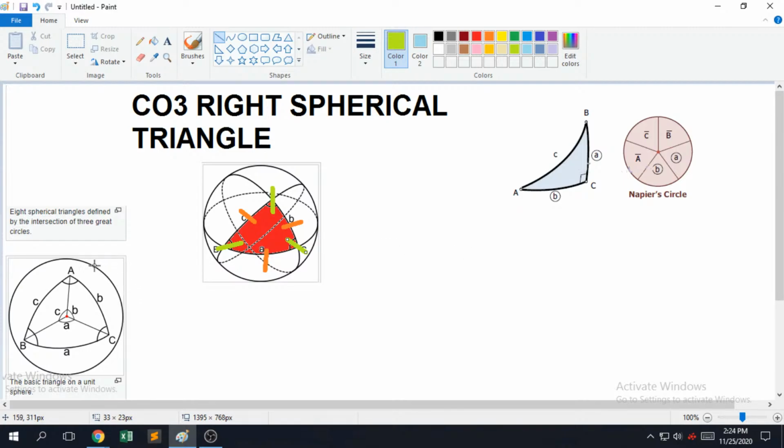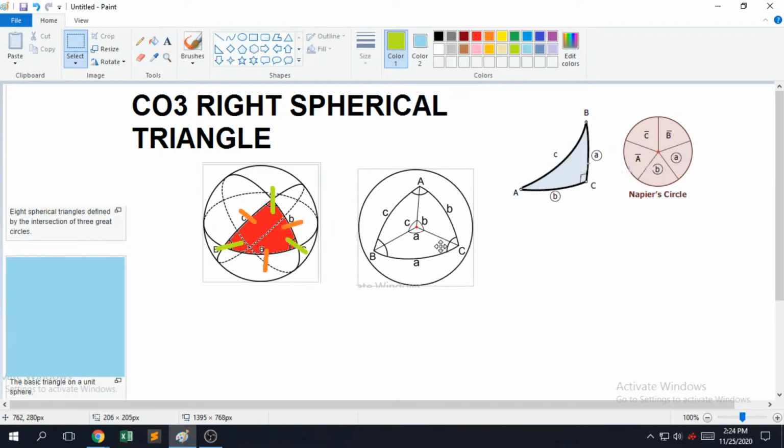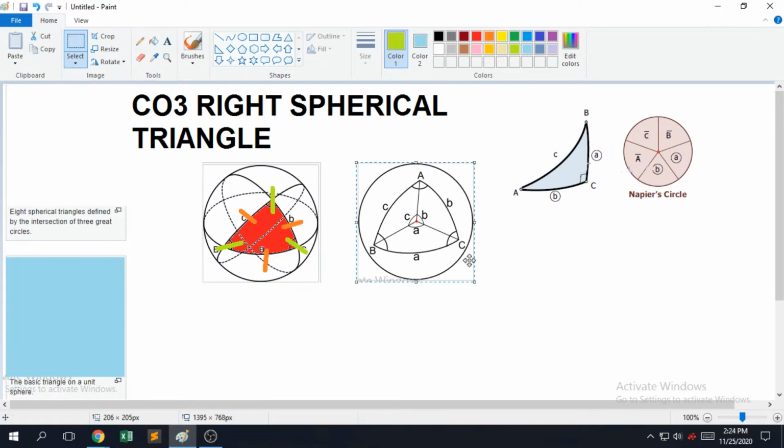One thing that you should note when dealing with a spherical triangle is the sides are measured in degrees as well as the angles. Why are the sides in degrees?